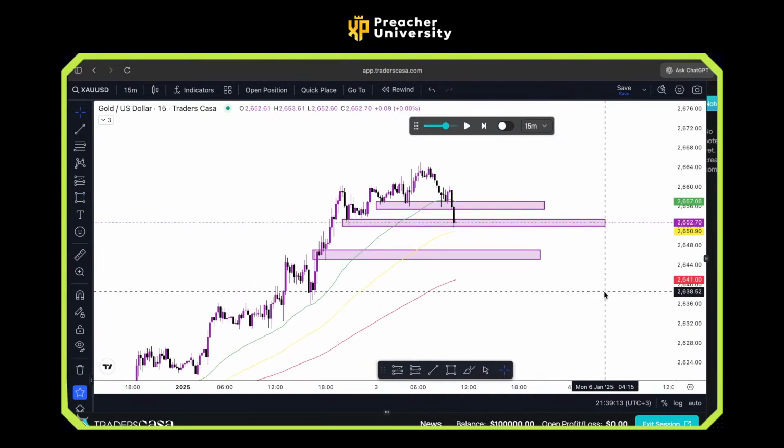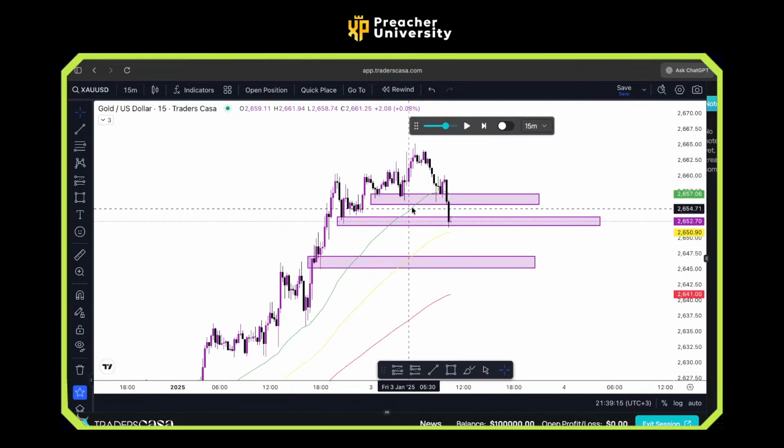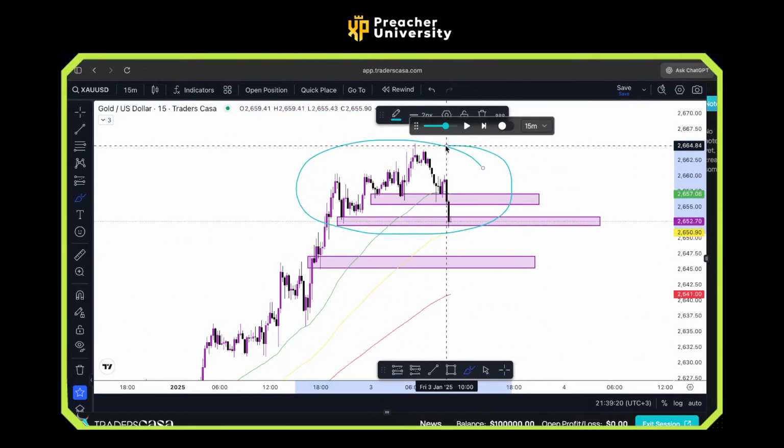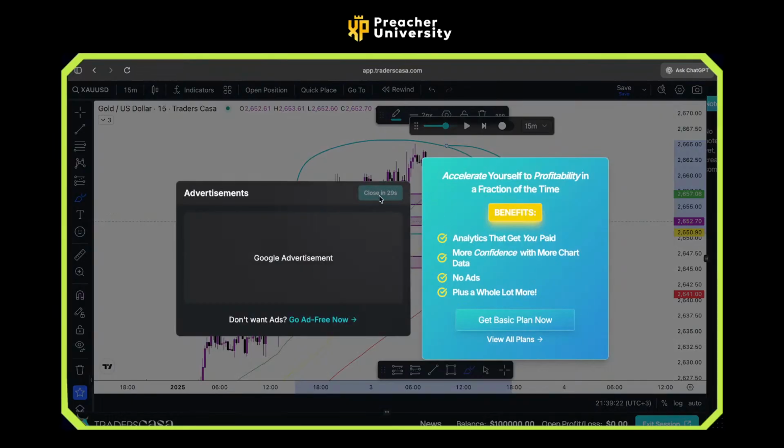Now again, from a market structure point, some people say the market wants to change structure, or there is a break of structure, things of a sort.